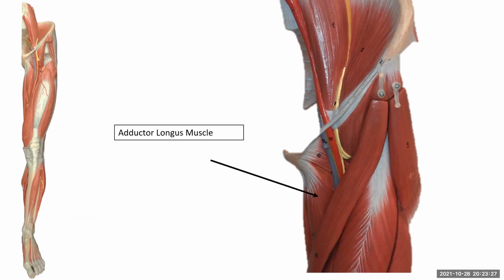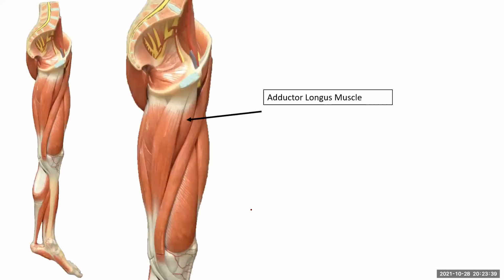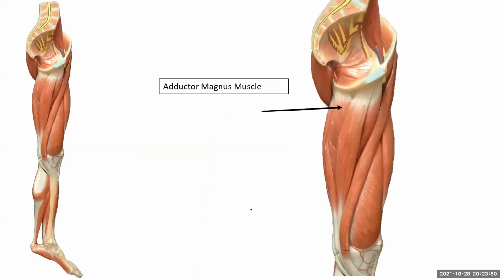Just inferior to that is another adductor of the thigh, and that's adductor longus. You can see it in two views here. We can see it here on the anterior view, and now we're going to look at it from the medial view. There's adductor longus. All right.